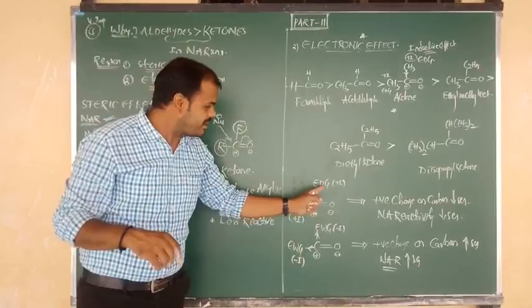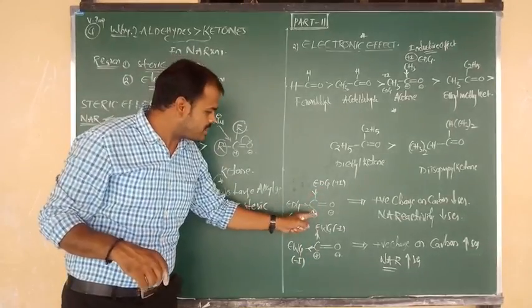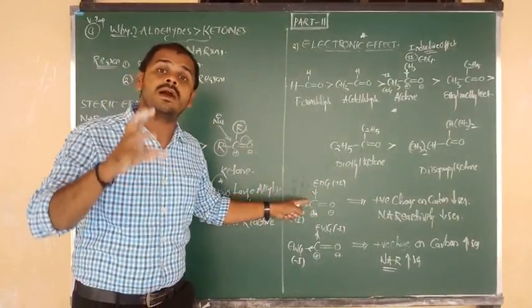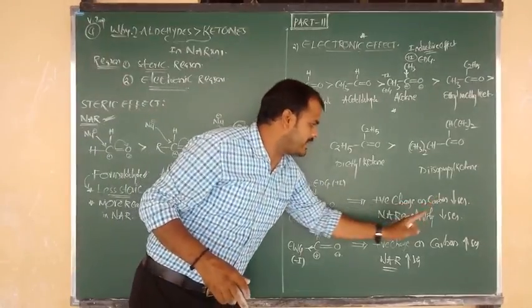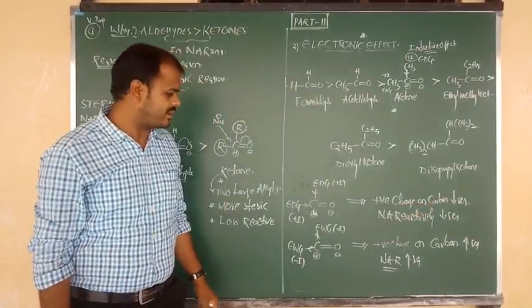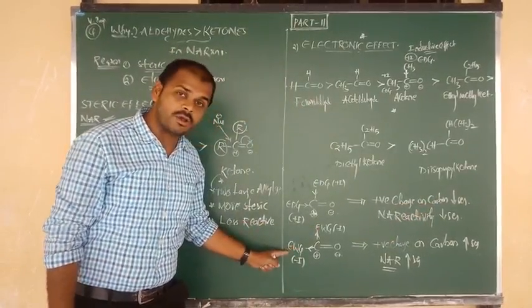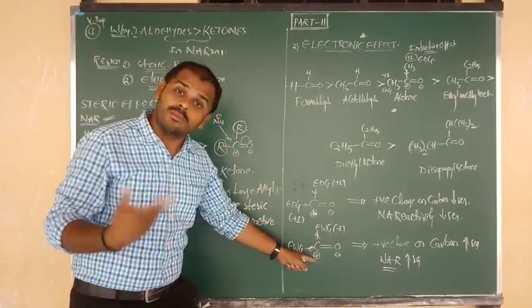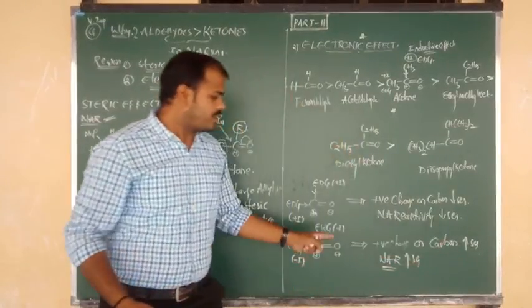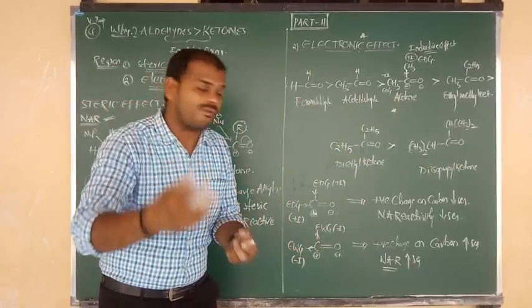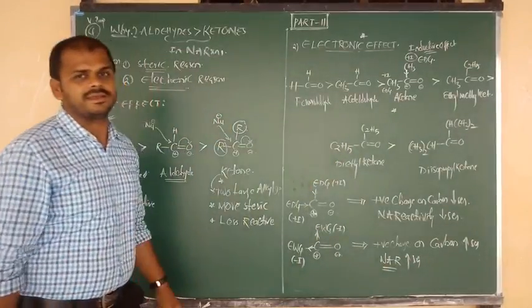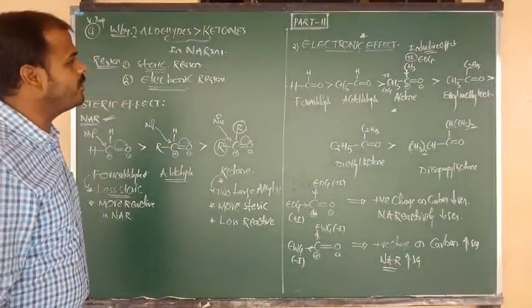Once again, in presence of electron donating group, positive charge on carbonyl carbon, this is called electrophilicity, decreases, means nucleophilic addition reaction also decreases. So in presence of electron withdrawing group, carbonyl carbon contains more positive charge. So more positive means easily attacked by nucleophile, so nucleophilic addition reactivity increases. Okay, all of you? Right.